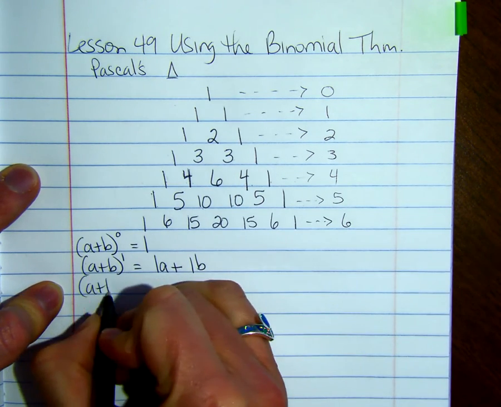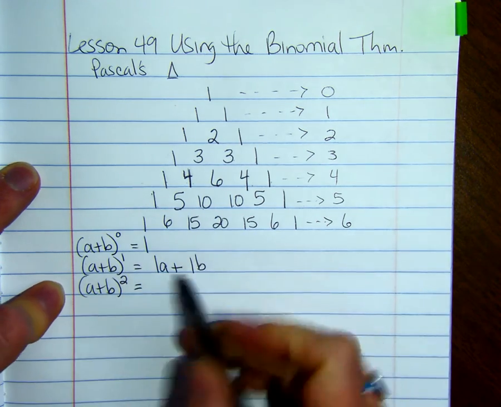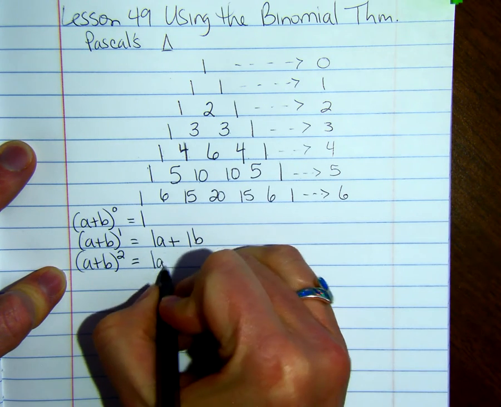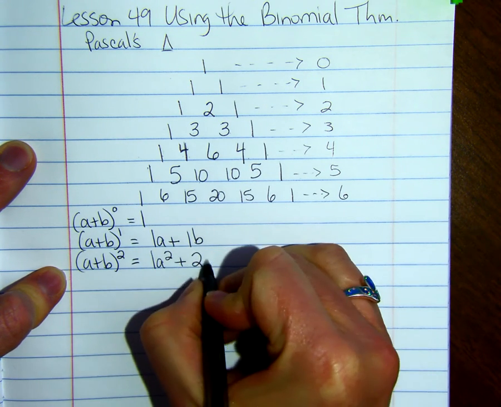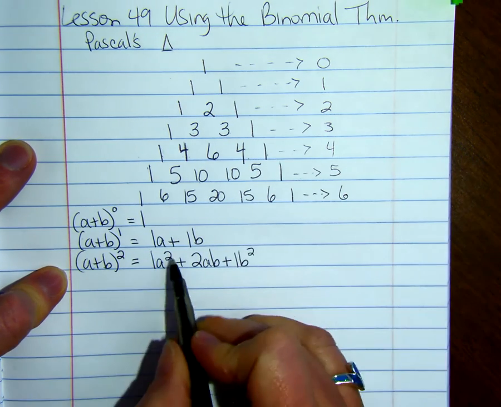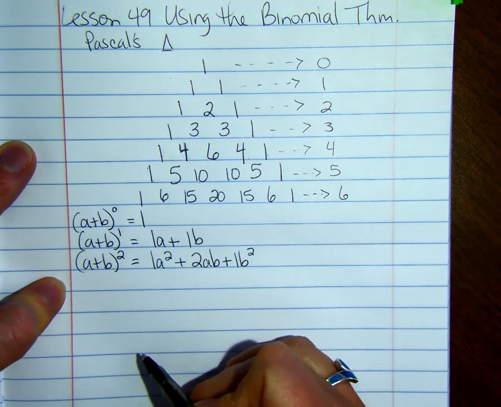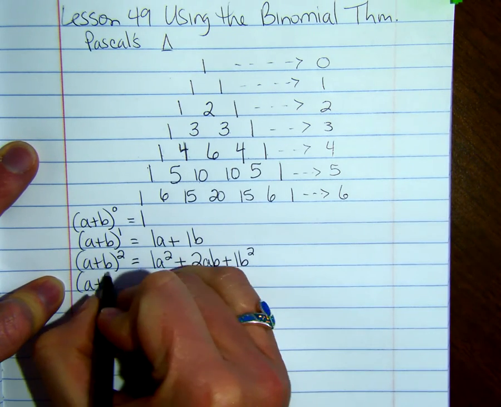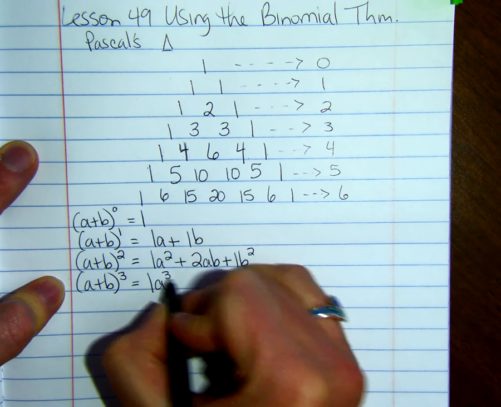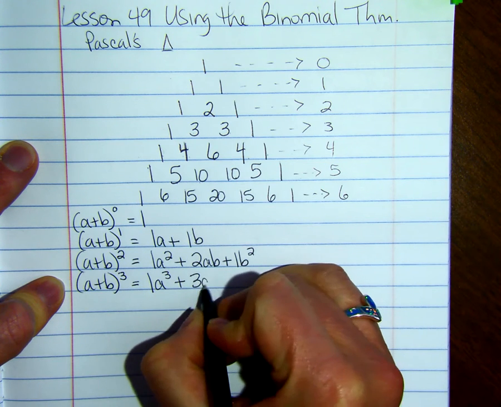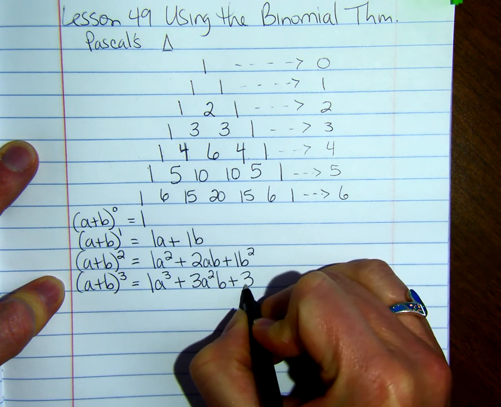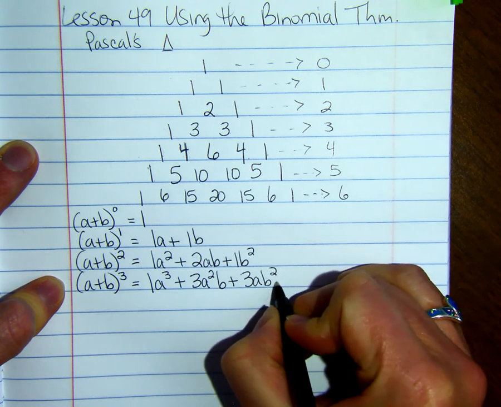And then a plus b squared, you use the coefficients: 1 a squared plus 2 a times b plus 1 b squared. So those are your coefficients, 1, 2, 1.